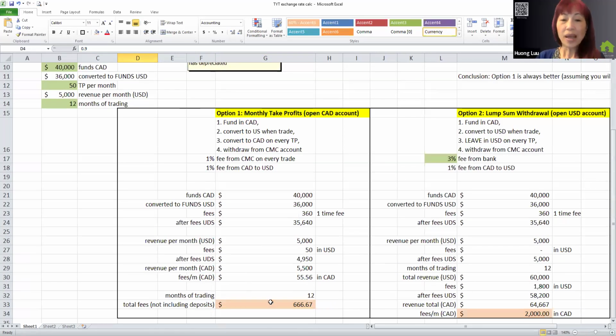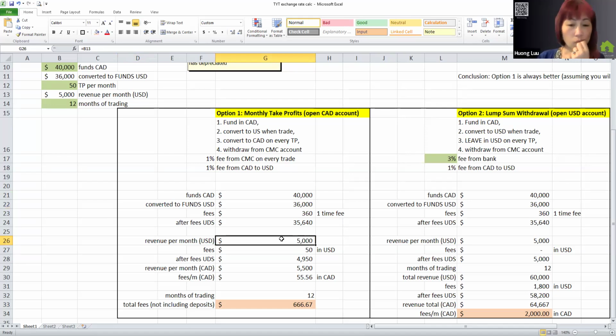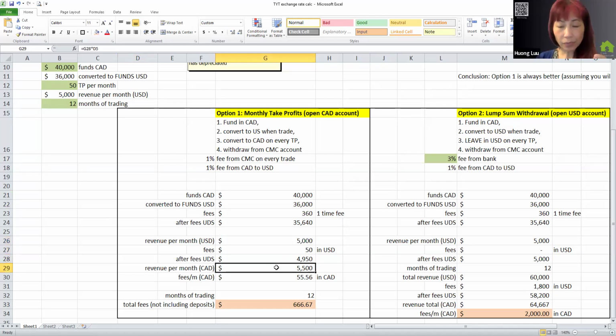Okay, so what happened here? So the fees went down. Okay, and that is because when I converted my Canadian to US at the very beginning, I got more US dollars to trade. Okay, and so my take profit on this revenue amount changed.